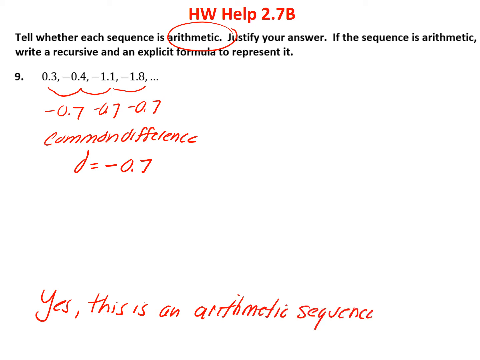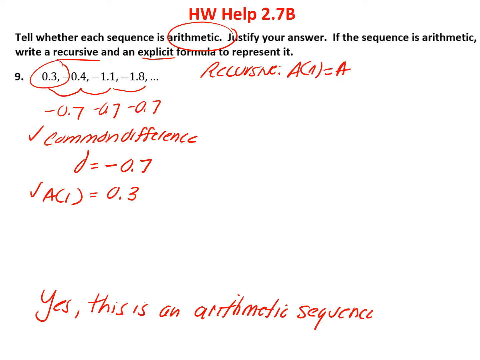Now to write the explicit and recursive, we need to know the common difference, but we also need to know the first term. Well, the first term is 0.3. So now we have the common difference and the first term, so we can write our 2 equations. The recursive first. The recursive says that the nth term equals the previous term, if it's n, that means the previous is n minus 1, plus d, and then we state what the first term is.